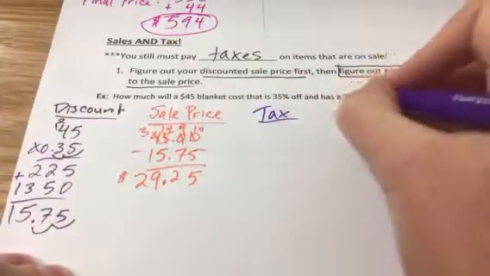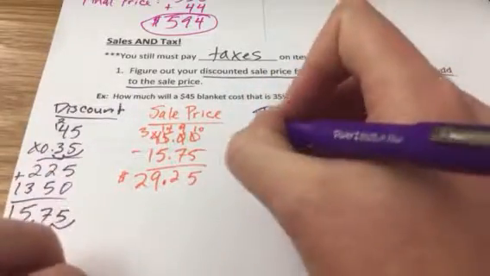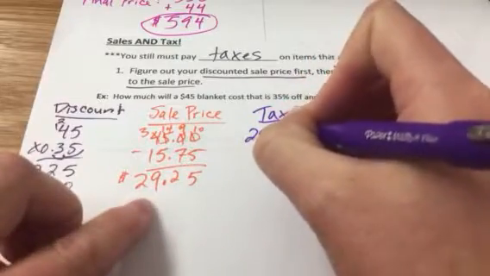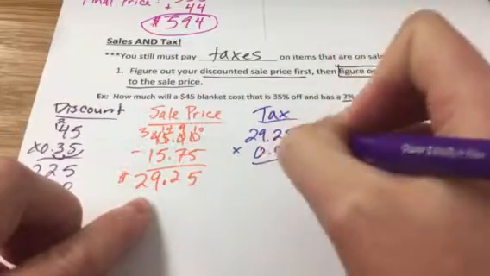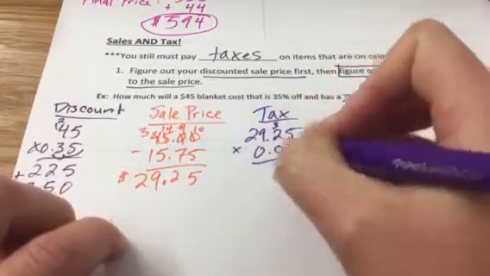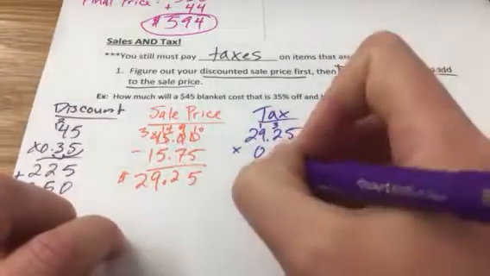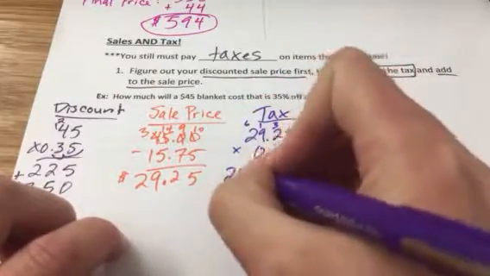So our next step is we need to figure out what the tax is going to be. So we need to find 7% of the sale price. So next I'm going to take my sale price and find 7% of that. 63 plus 1 is 64. 14 plus 6 is 20.